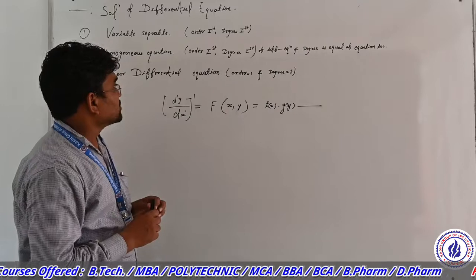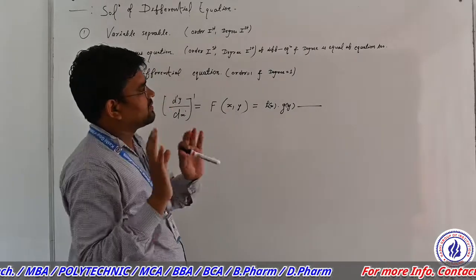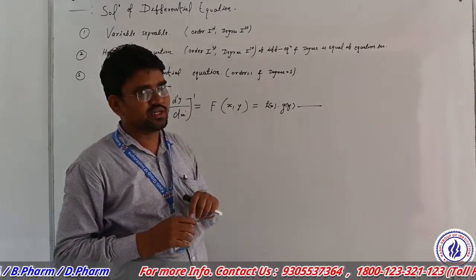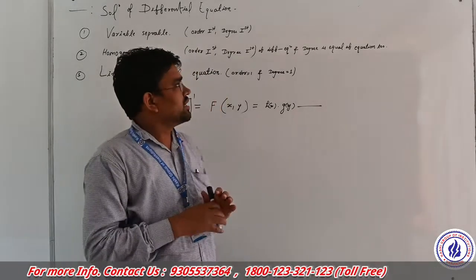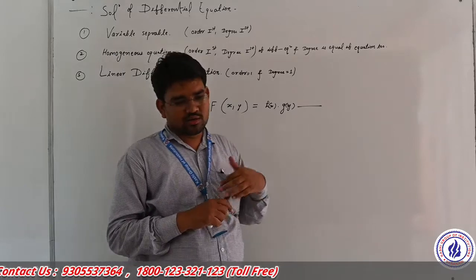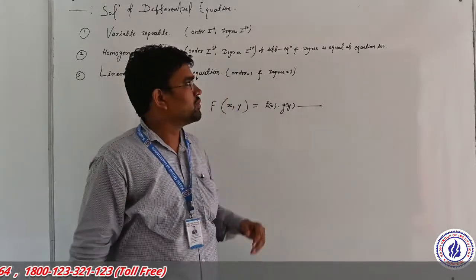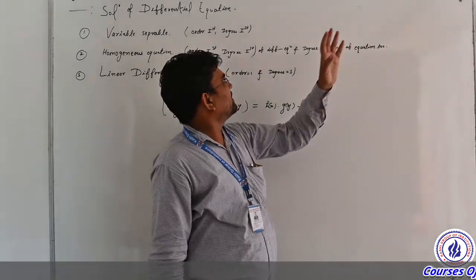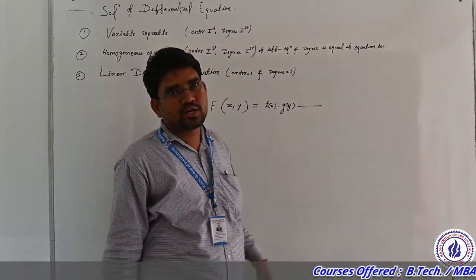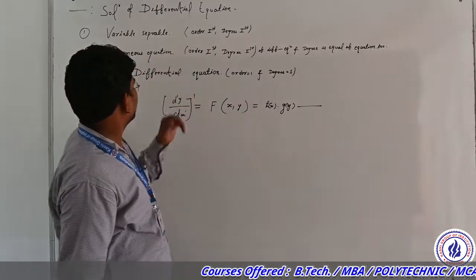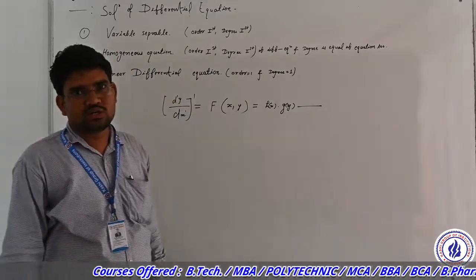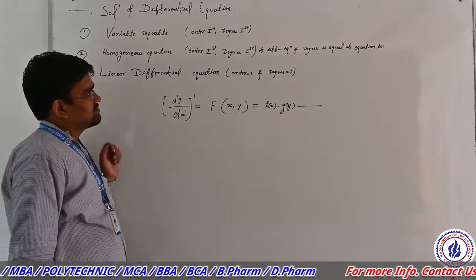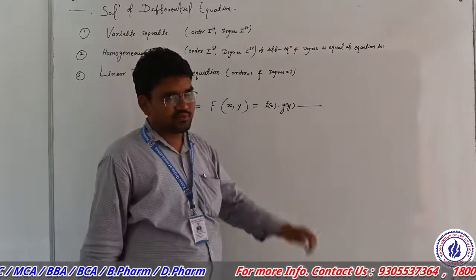In homogeneous there is one thing more. If you have any equation of first order and first degree, the variables must have the same degree in numerator and denominator. At that time you will implement the homogeneous equation. And lastly you have the linear differential equation, which also has order 1 and degree 1.